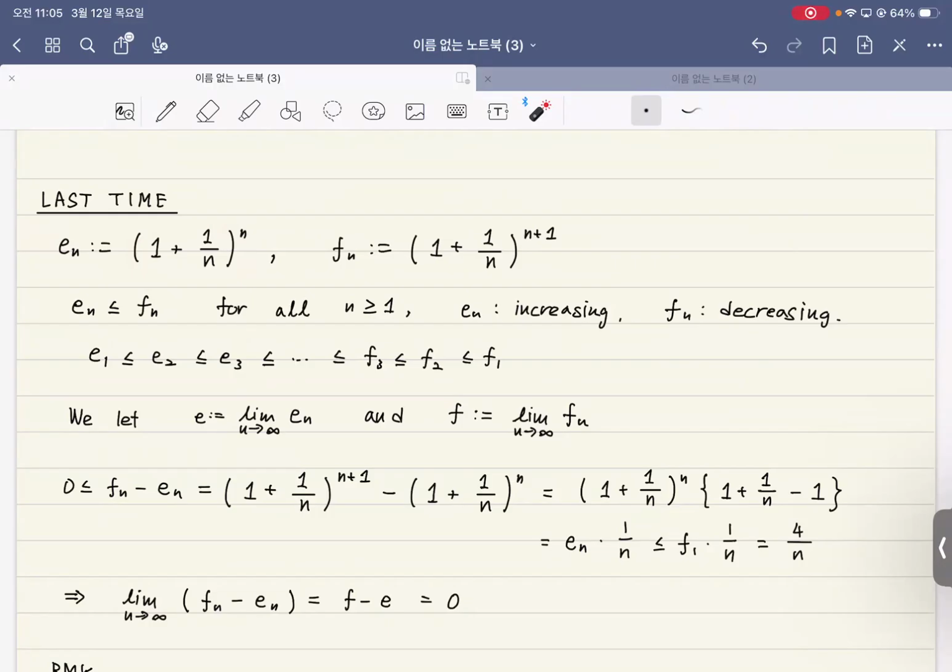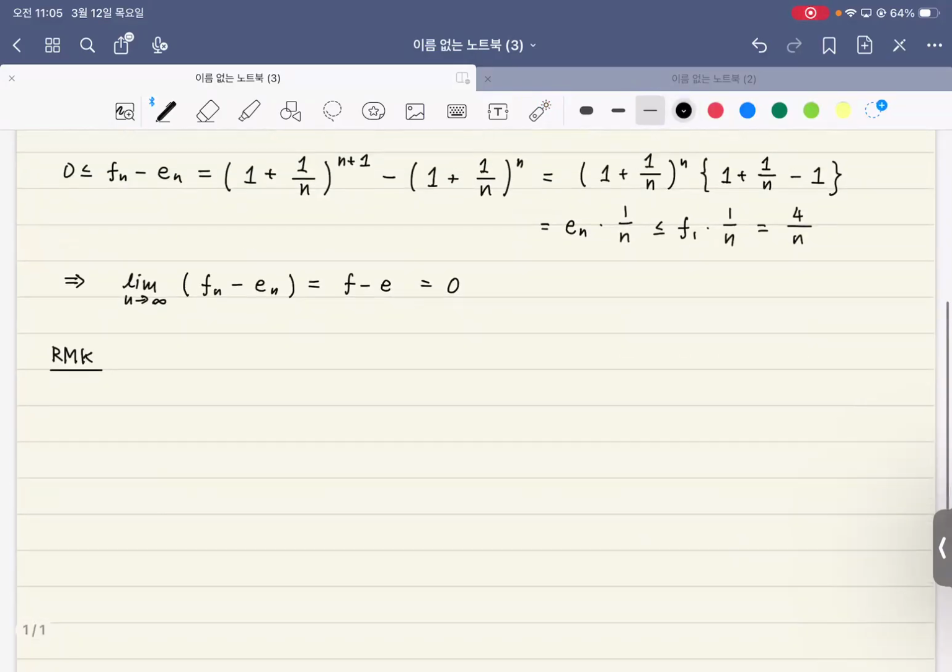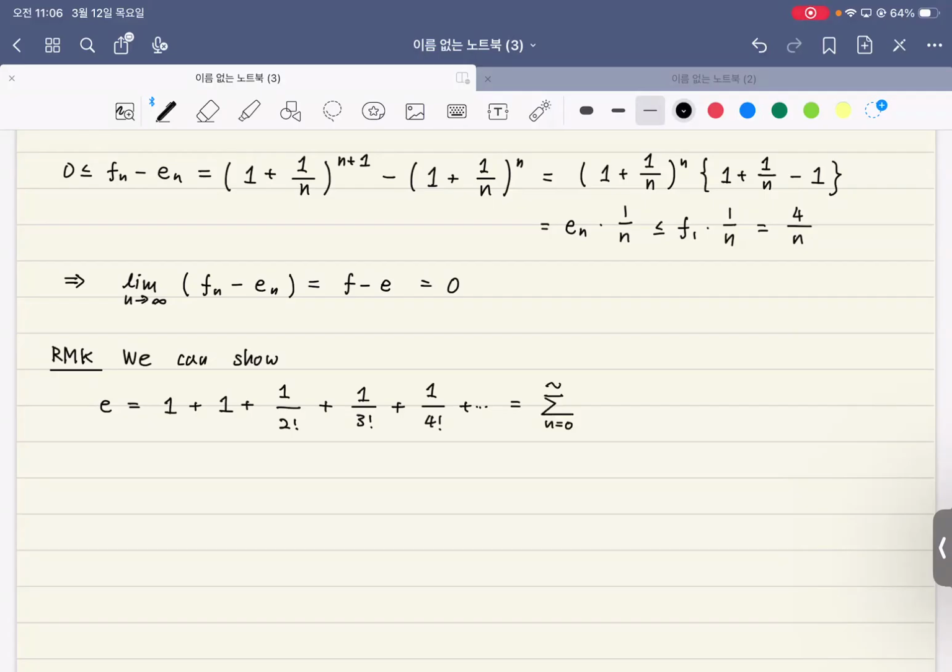In fact, one of our homework exercises suggests you prove that Euler's number E turns out to be 1 plus 1 plus 1 over 2 factorial plus 1 over 3 factorial and so on, the sum from n equals 0 to infinity of 1 over n factorial.